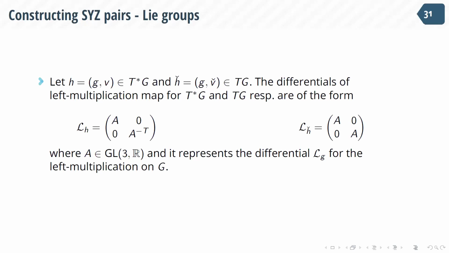The first is always symplectic, the second instead is always complex. That means that it commutes with the standard complex structure of R^6.